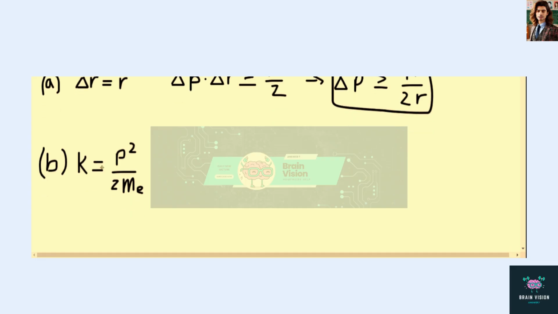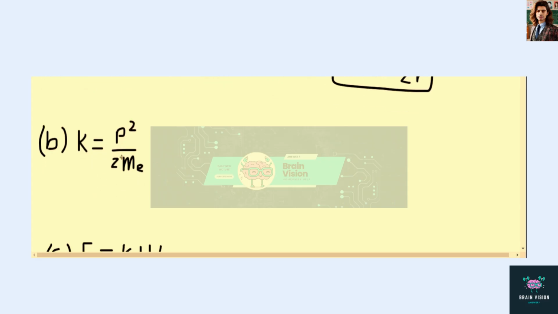For part B, it wants us to find an expression for the kinetic energy, K. Well, kinetic energy is p squared over 2m, and p is equal to 2 times delta p. Since delta p is the uncertainty in p, or plus or minus a value, 2 times that value is going to be our p value.